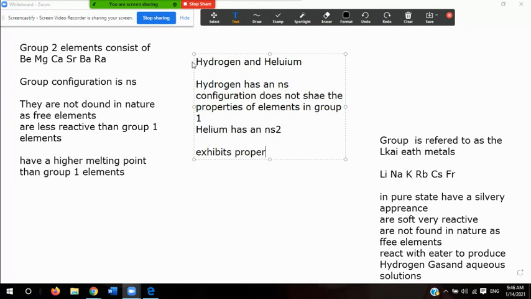Properties of a noble gas, because of its chemical stability. But just kind of pointing those two out before we continue, in the next video lesson we'll probably talk about the p block elements and so on and so forth.